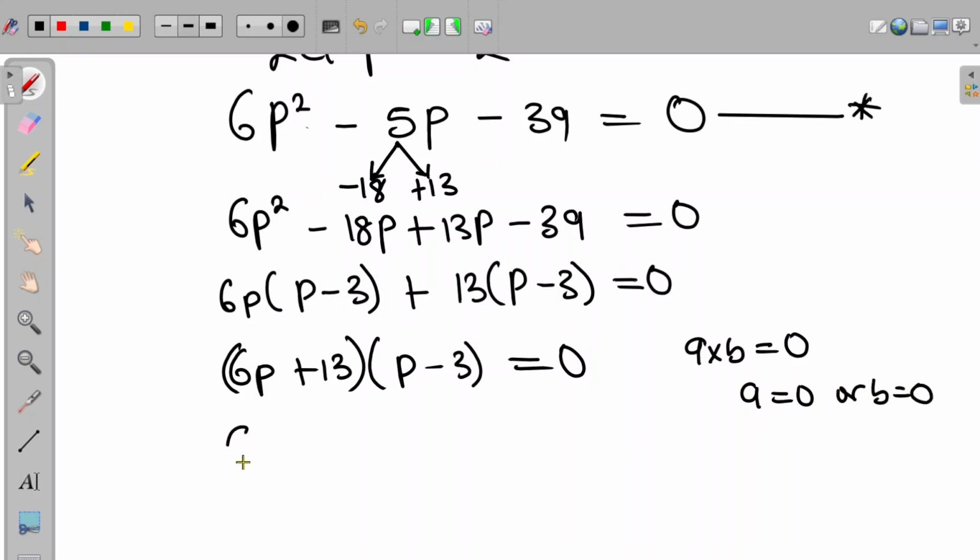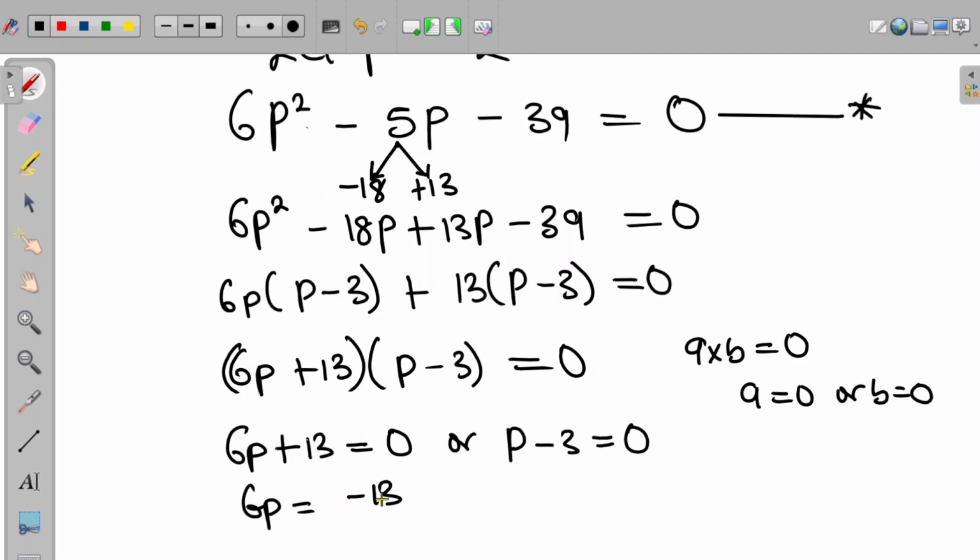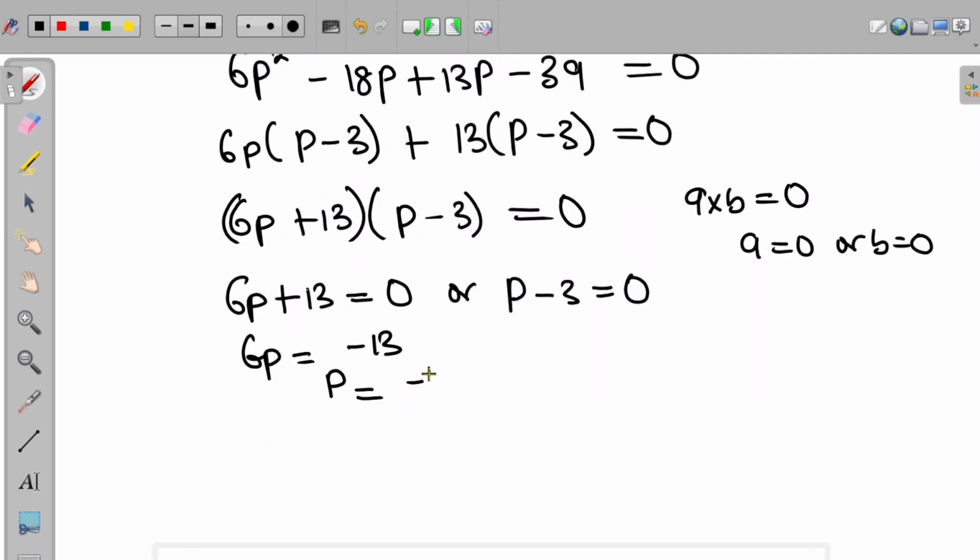First, 6p plus 13 is equal to 0 or p minus 3 is equal to 0. So 6p is equal to minus 13 and p is equal to minus 13 divided by 6. Also, p is equal to plus 3.